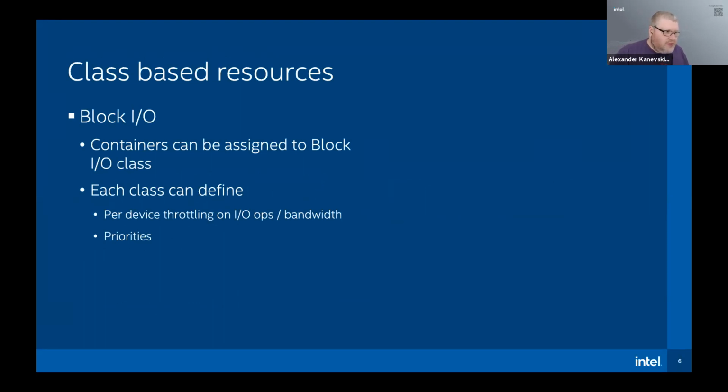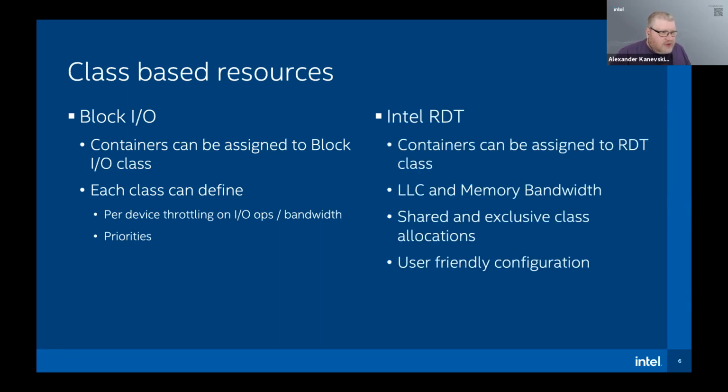In block IO, that means bandwidth, throttling parameters, and priorities. In the case of cache control, it's similar: you can define slicing of your hardware cache partitions into either exclusive or shared allocations of the caches. You can define this configuration of parameters in a friendly manner.